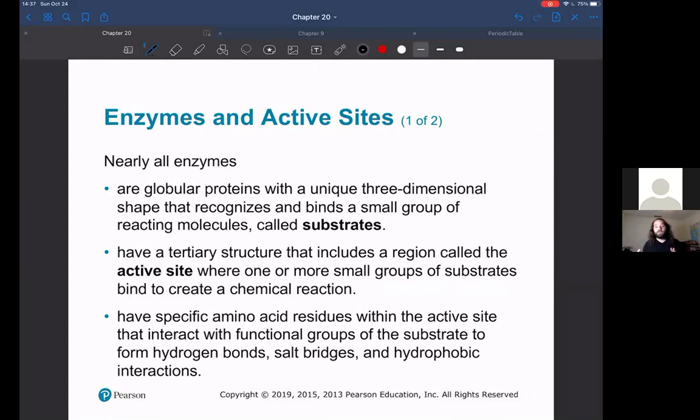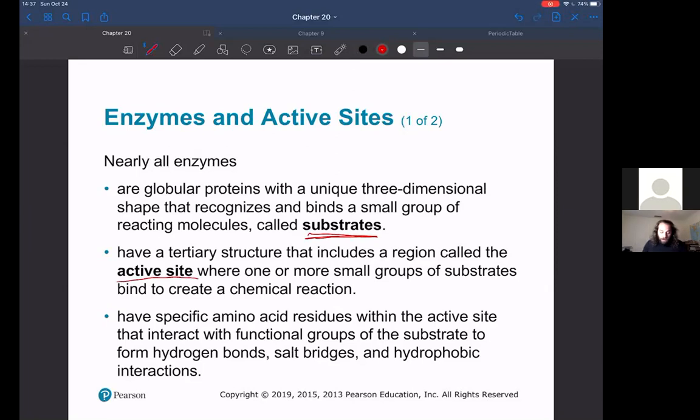And these three-dimensional structures recognize the reactants of the reaction, which in biochemistry terms we call substrates. Okay, these enzymes have what's called an active site where these substrates bind.